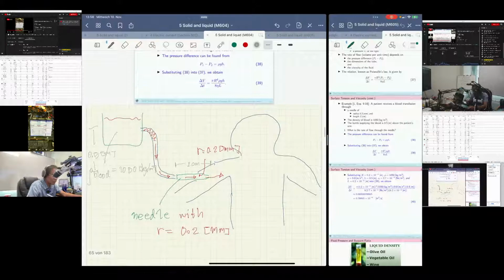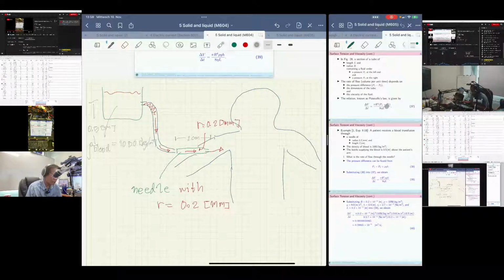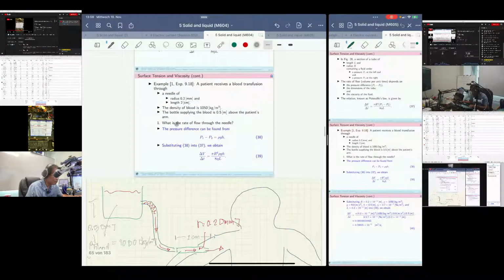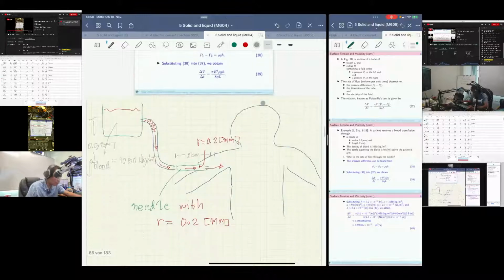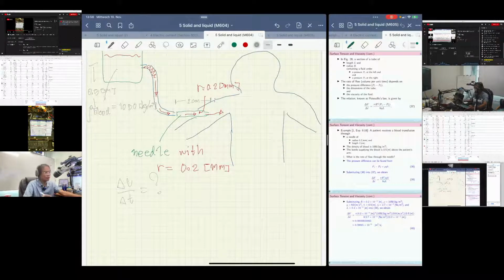So now we are going to use the Poiseuille formula. What they want to know is the rate of flow through the needle. So the question is delta V by delta T. What is that? We're going to use the Poiseuille formula.